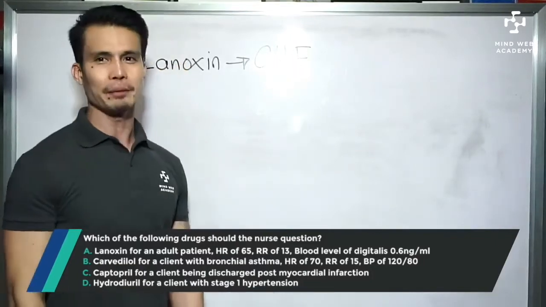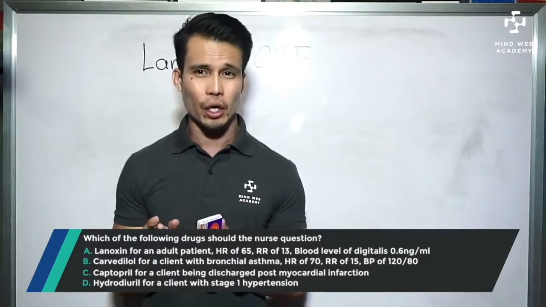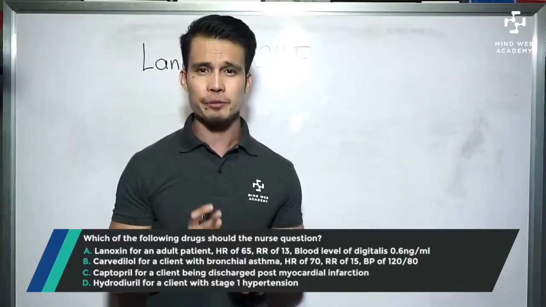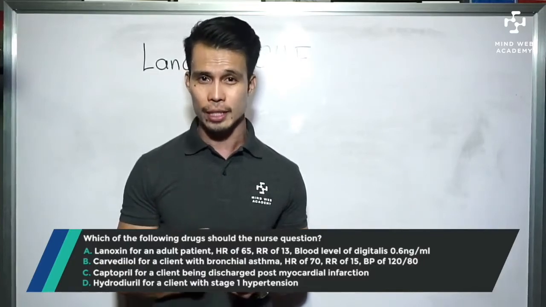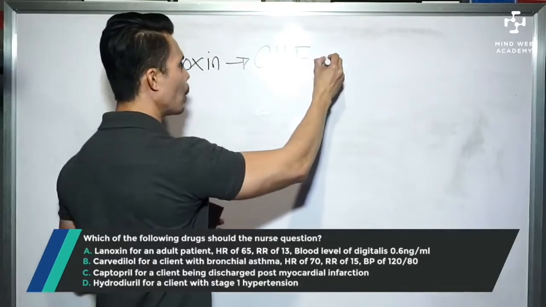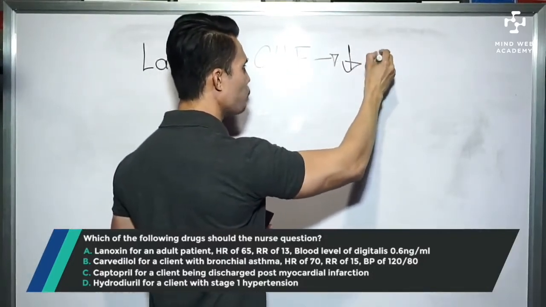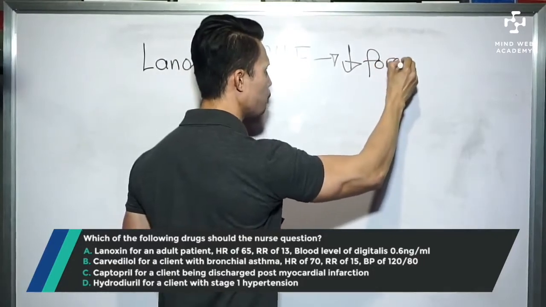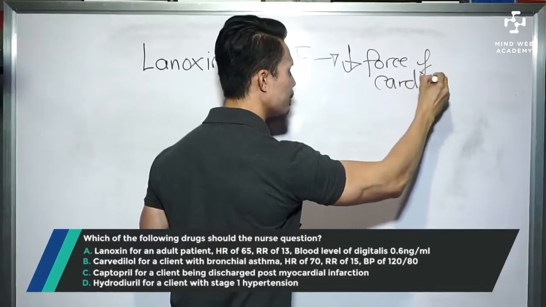You might be asking why digoxin or Lanoxin, a cardiac glycoside, is being used for patients with congestive heart failure. In patients, nurses, with congestive heart failure, our basic problem here is the decreased force of cardiac contractility.